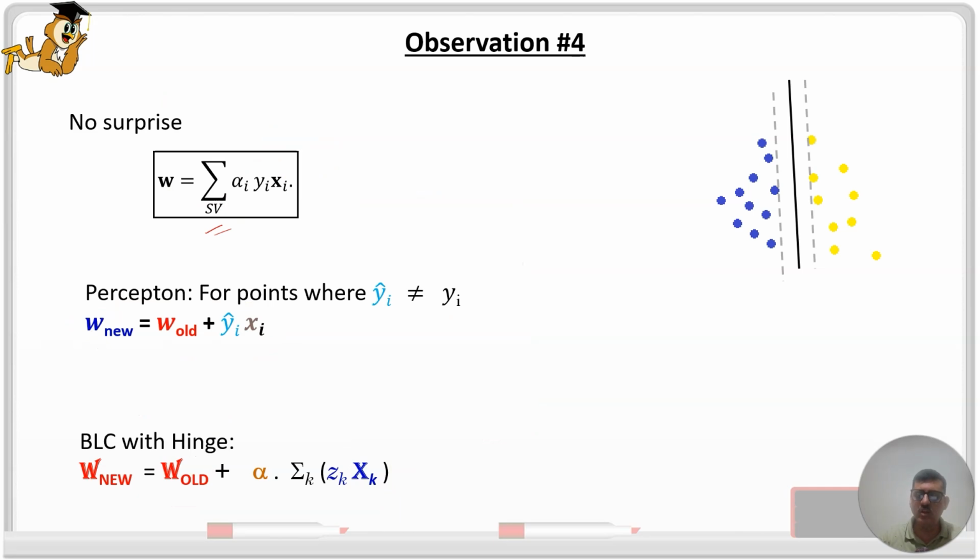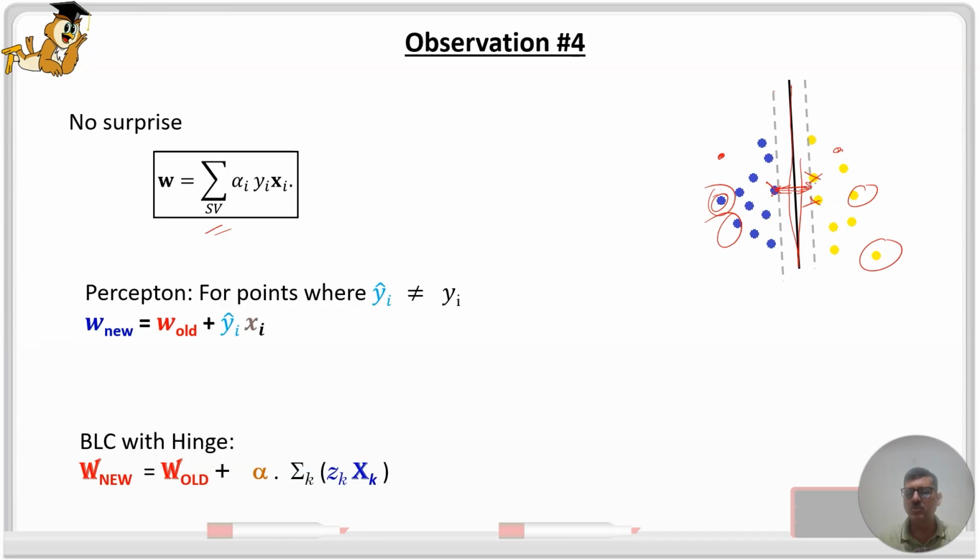Now that is also fairly logical. The support vectors are the vectors that are closest to my final binary linear classifier, and it stands to reason that if I was trying to maximize the margin, it really makes no difference to me where the further away points are. Instead of being here, this blue point could be over here. Instead of being here, this yellow point could have been over here.